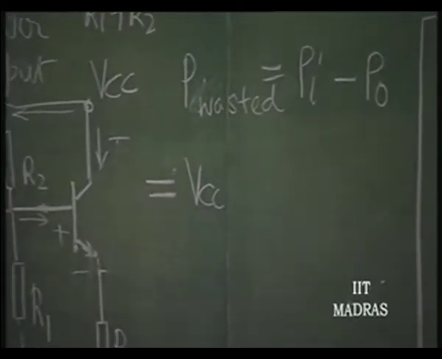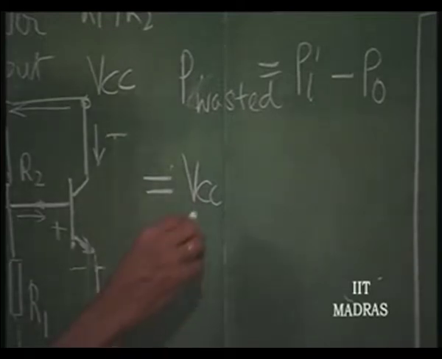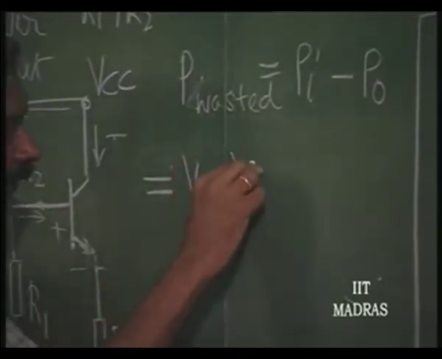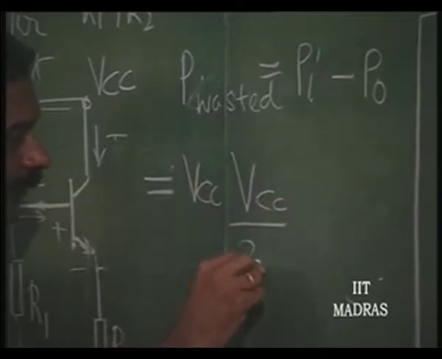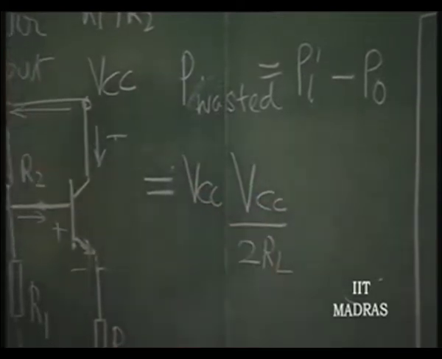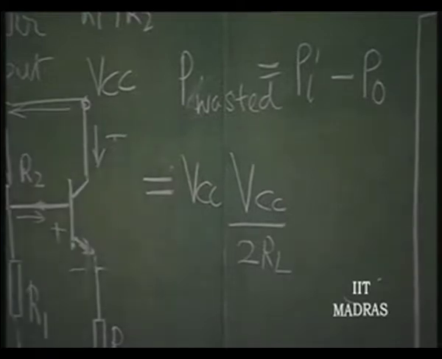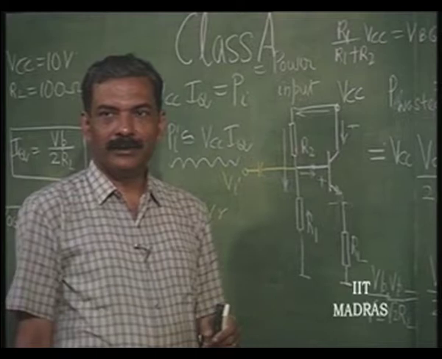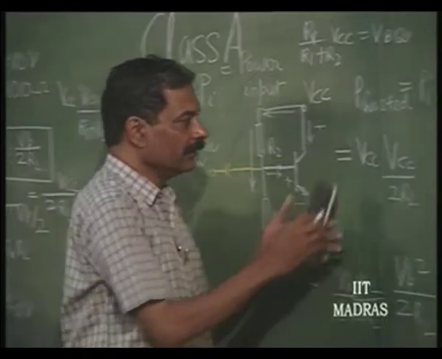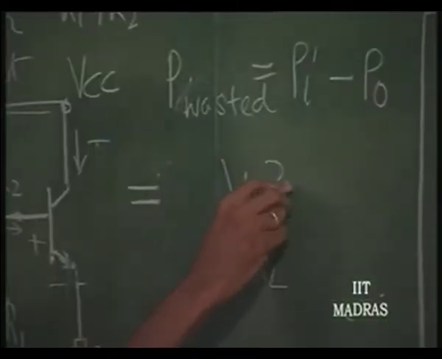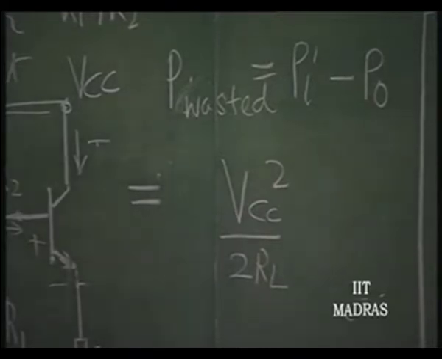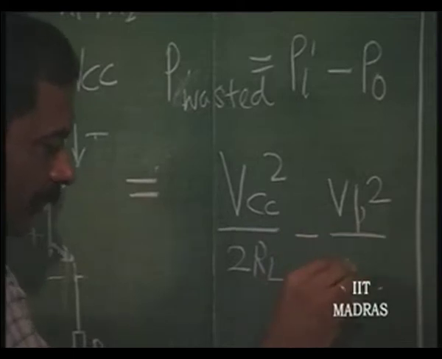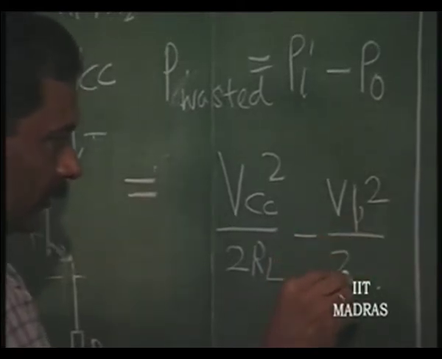IQ is already decided as VCC divided by 2 RL. So, this is going to be VCC squared divided by 2 RL, and output power is Vp squared divided by 2 RL.